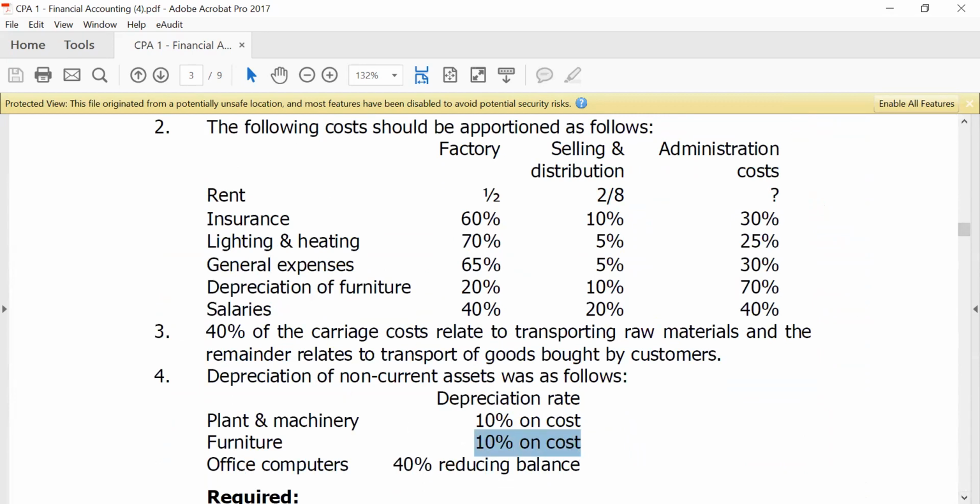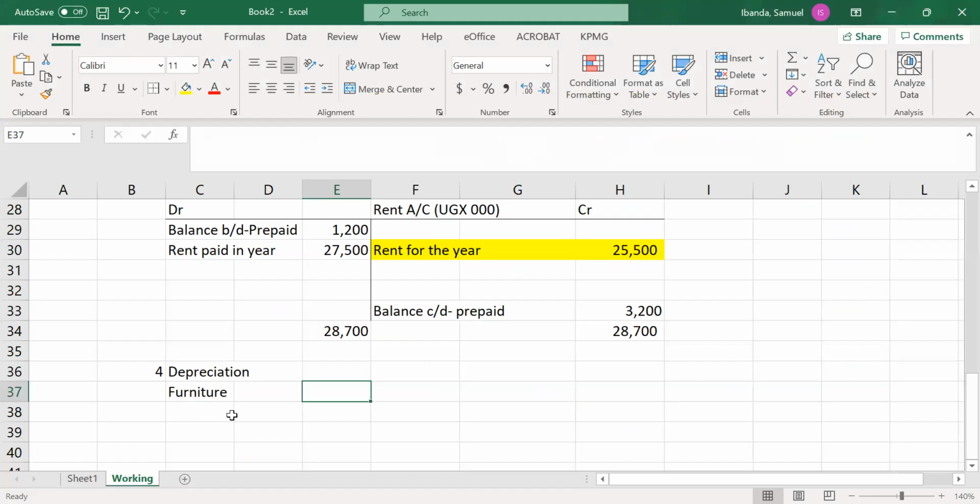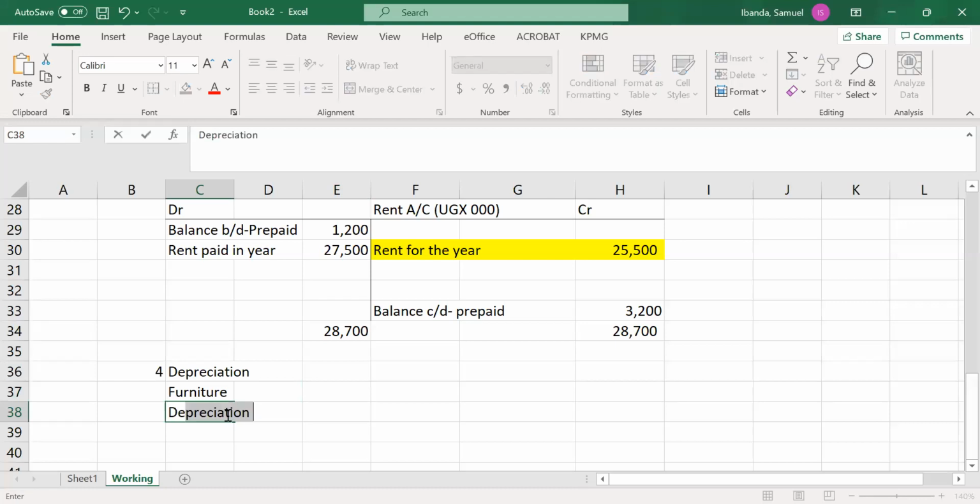Remember, they've told us that the depreciation for furniture is 10% on cost. So if I want to get the depreciation for this year, I'll just come here and say depreciation is equal to 10% on cost, which will equal 10% times the cost.